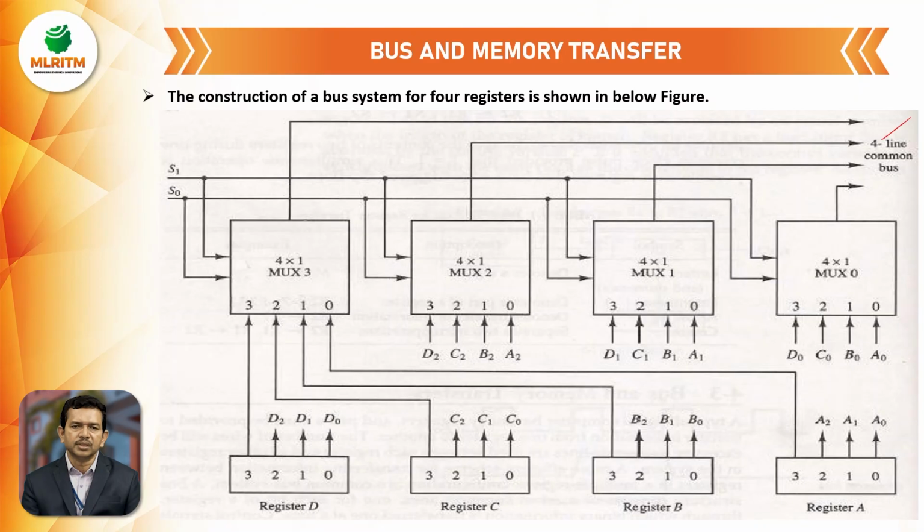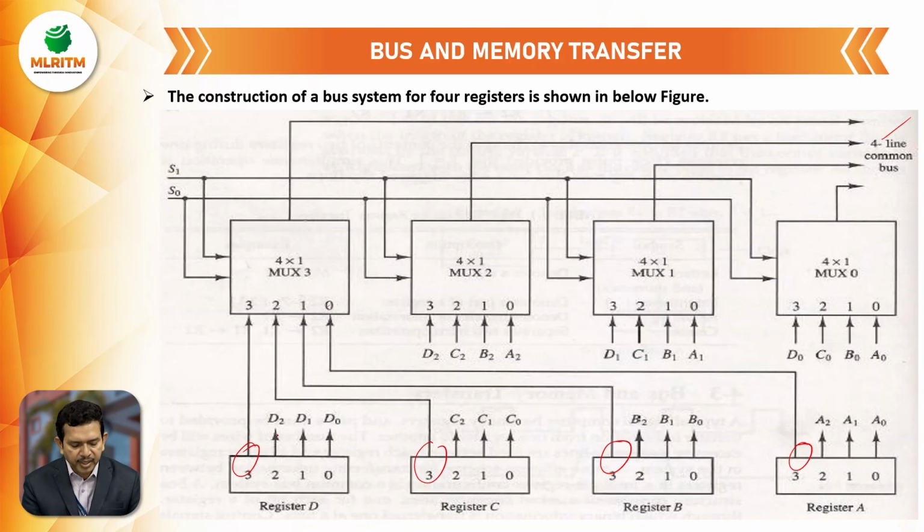What we are trying to do is connect all the register bits to a multiplexer. Suppose you see here in register D, the 3rd bit is connected to the multiplexer, and in register C, the 3rd bit is connected to the second one, and so on. All 4 bits of each register are connected to the first multiplexer.